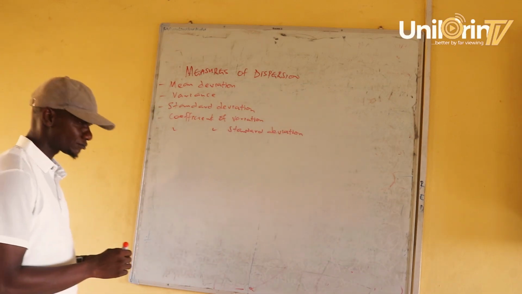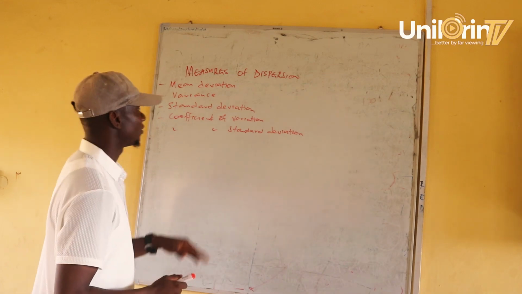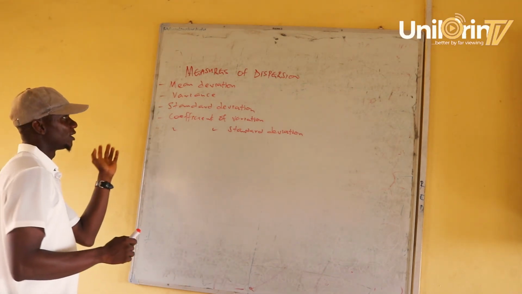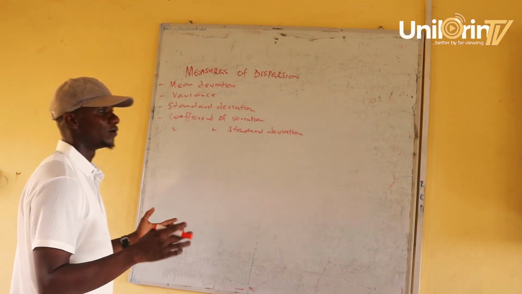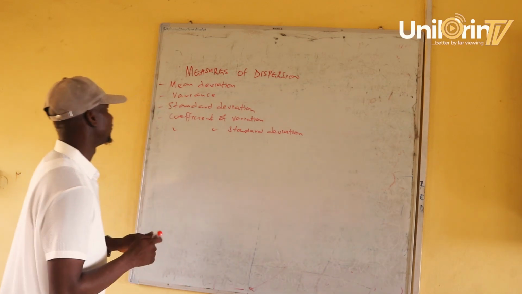All right. Then under this, we still also have other measures of variation. But let's look at this one first.